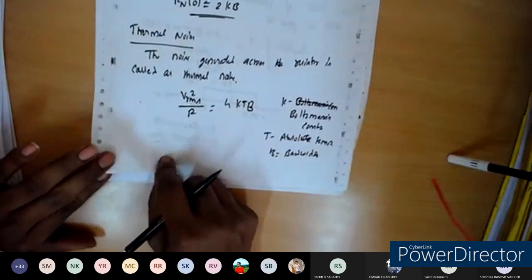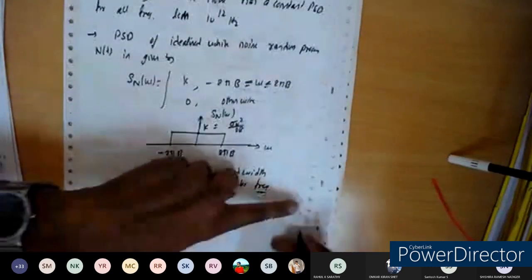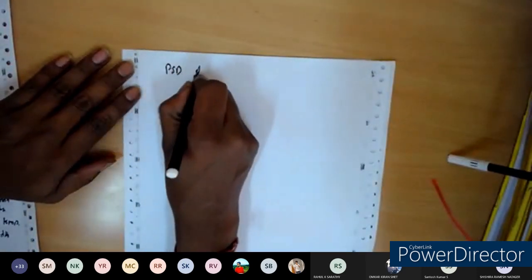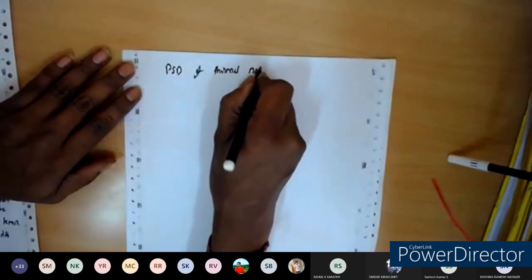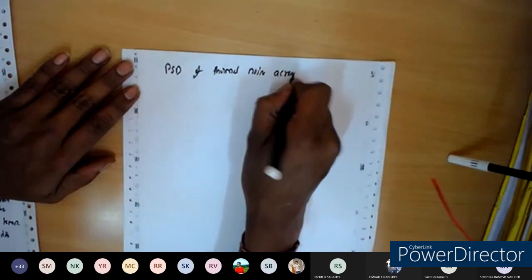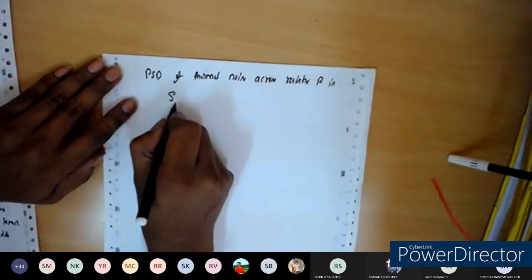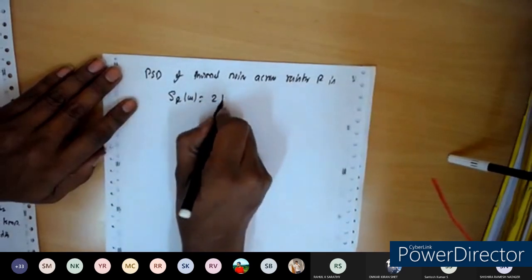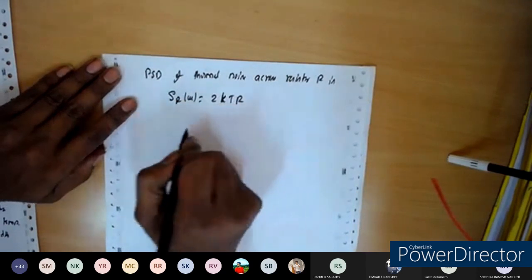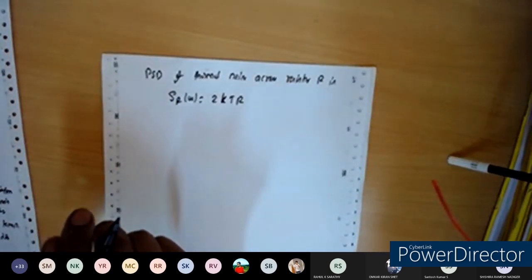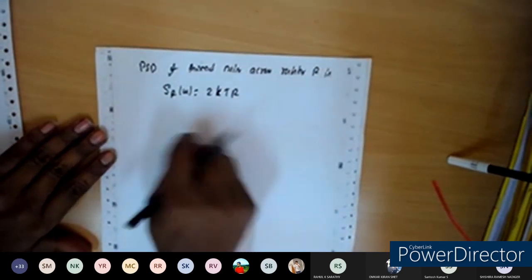Let us take the power spectral density of thermal noise across resistor R. It is given by S_R of omega, which is defined as 2 KTR. So this is the power spectral density.